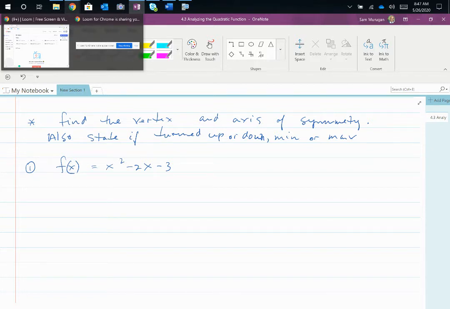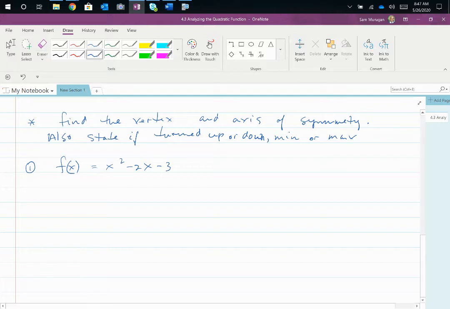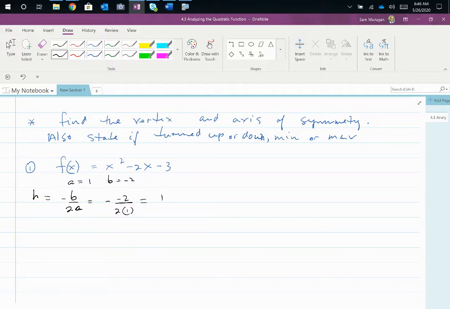So first we're going to compute the vertex. The h value of the vertex is equal to minus b over 2a. So a is equal to 1, b is equal to negative 2. By direct substitution here, we have negative of negative 2 over 2 times 1, which is equal to 1. So the h value of the vertex is equal to 1.